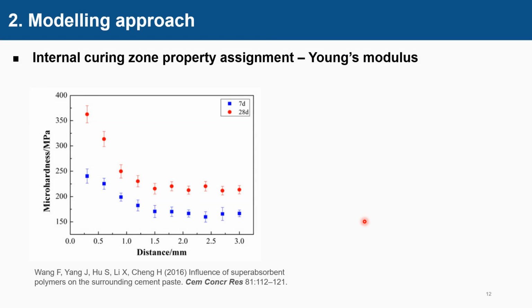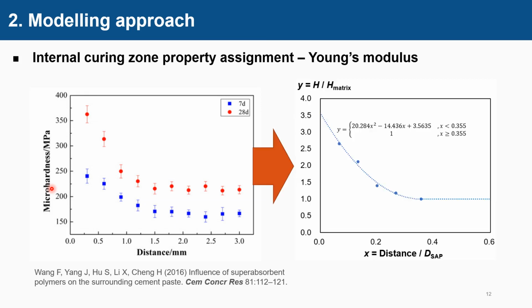For internal curing zone, it is found by micro-indentation that the farther the indentation point is from the SAP particle, the lower the micro-hardness. As the SAP particles used in cement paste are often in a range of diameter, it is reasonable to assume that the Young's modulus at a point depends on the relative distance x, which is the distance of the point to the center of the SAP particle relative to the SAP diameter.